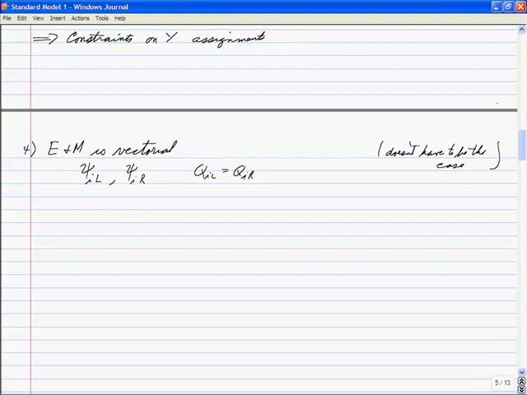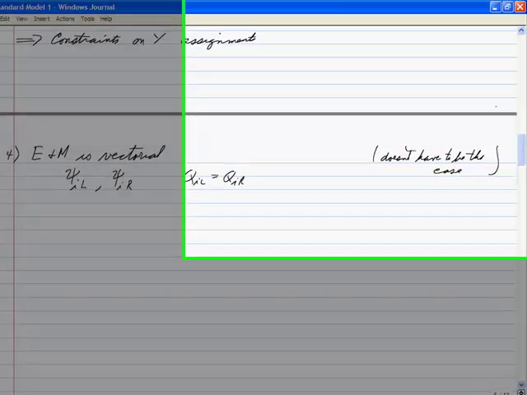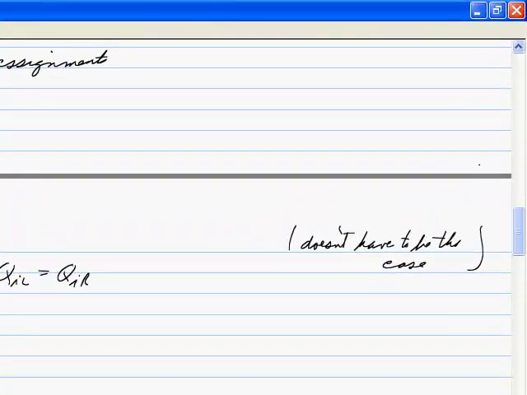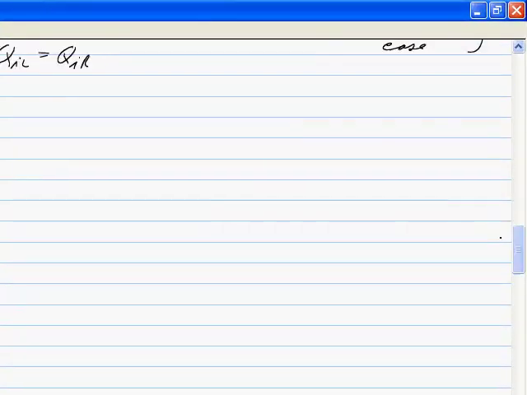It does mean that you can't give the particles a mass. If you gave these particles a mass, then you can go from one frame to another where left and right switch. But if they're massless, you can construct theories where this isn't true.